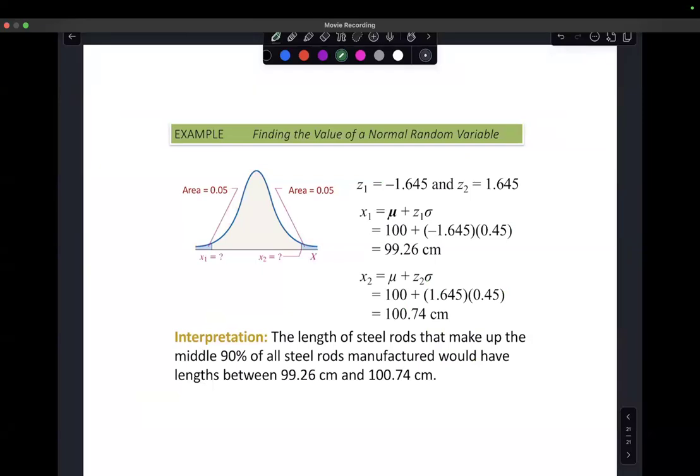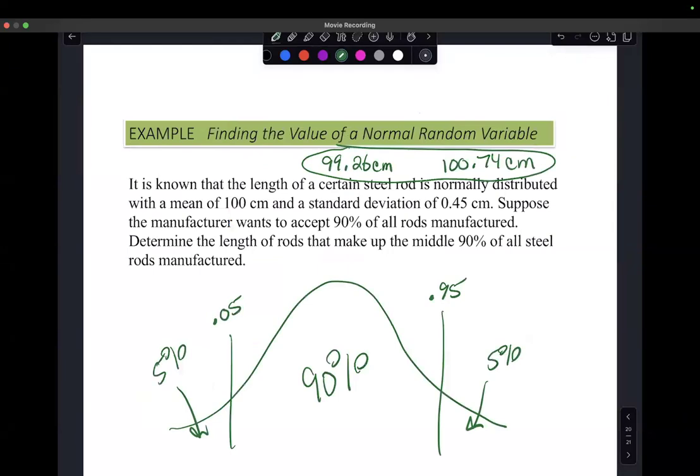Anyone else? So the last problem, this one? Yeah, this problem. They gave us basically the calculator function to do it all on the calculator. They gave us all the information, but just interpreting that middle 90% is understanding that you're going from the 0.05 to 0.95.